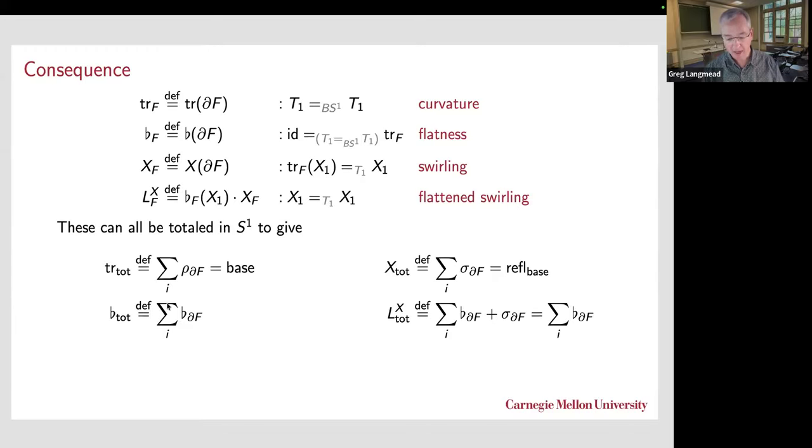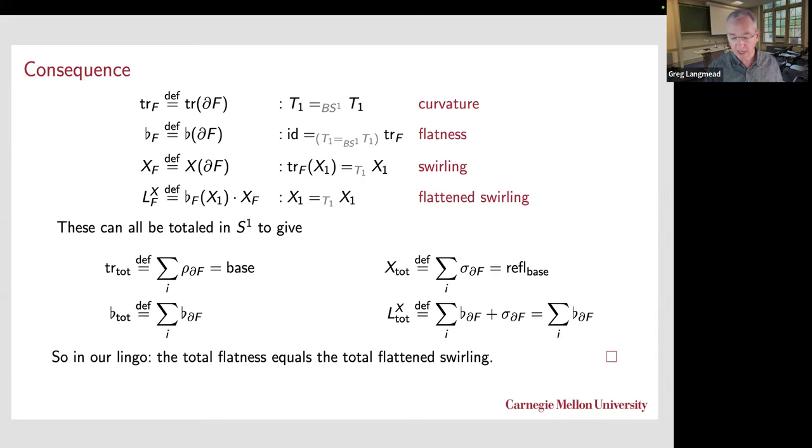And that's the theorem. It's saying that the total flatness of the curvature is the total flattened swirling of the vector field. This is supposed to be our index, and this is supposed to be the total curvature of the manifold. So that's in our lingo, and if we take the loop of both of these, we get the two integers.